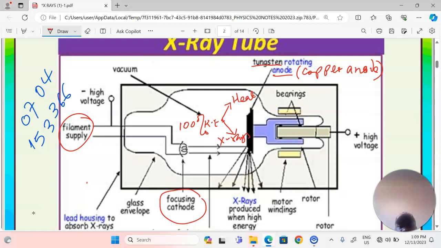Therefore, now, when the fast moving electrons are attracted to the anode, energy conversion takes place. A bigger percentage becomes heat, and a small percentage becomes X-rays. Now we have the X-rays channeled through the window. This is called a window.